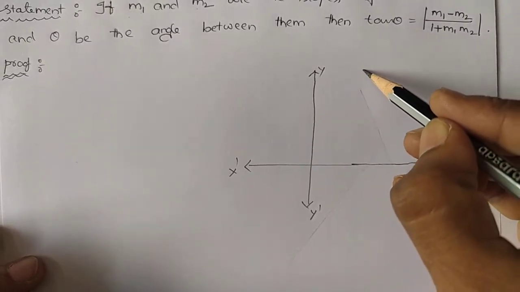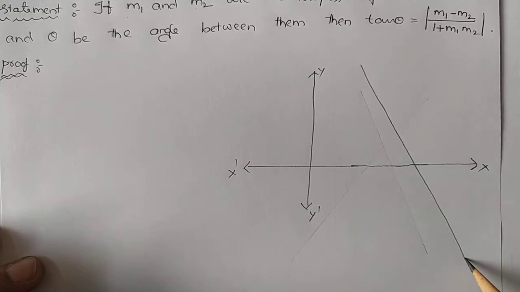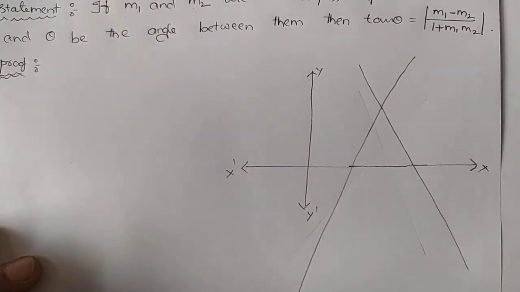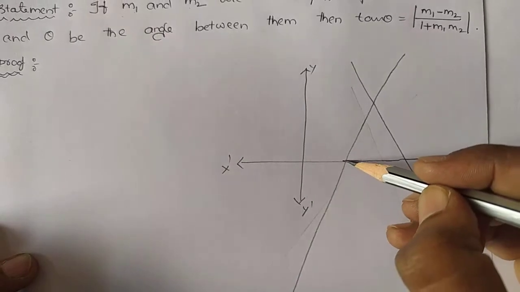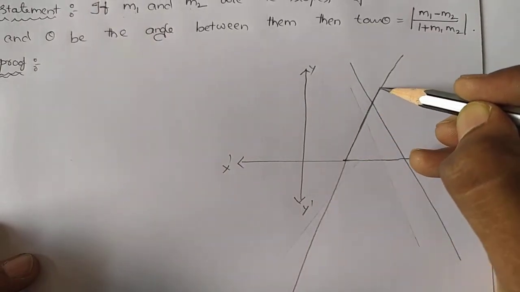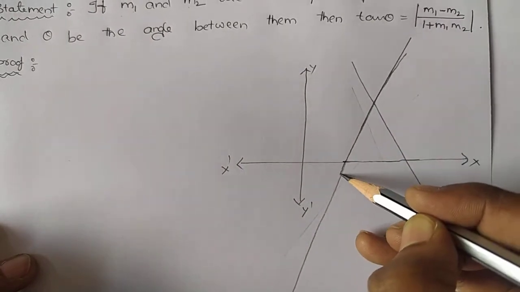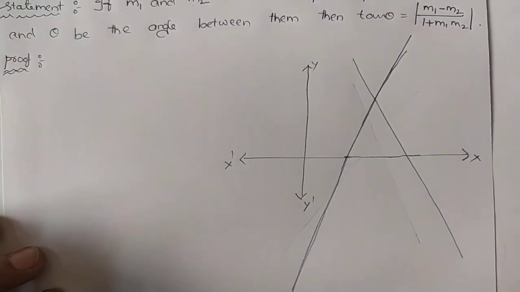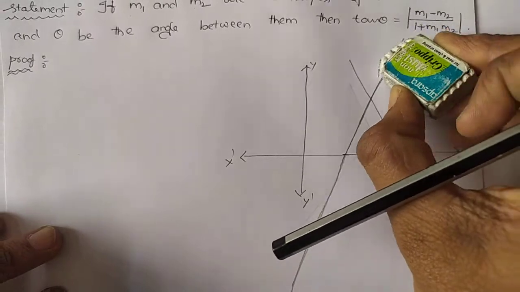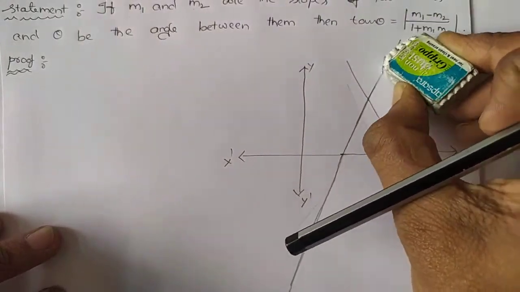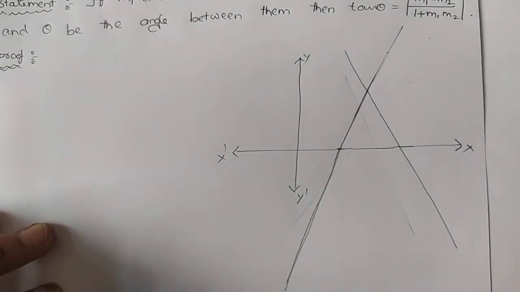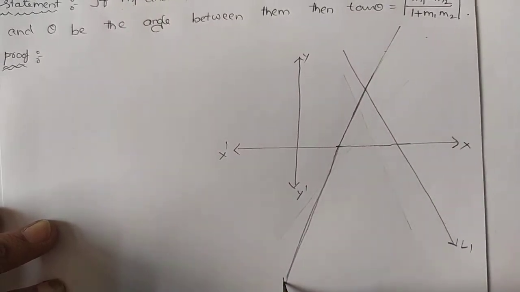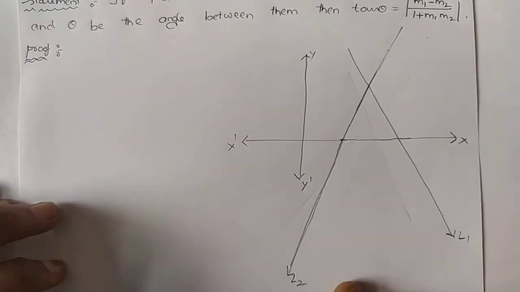It is the line L1, which is a non-vertical line, and it is the line L2.